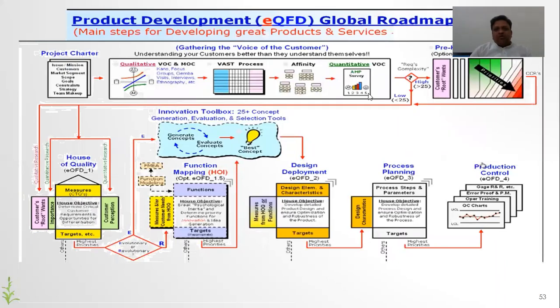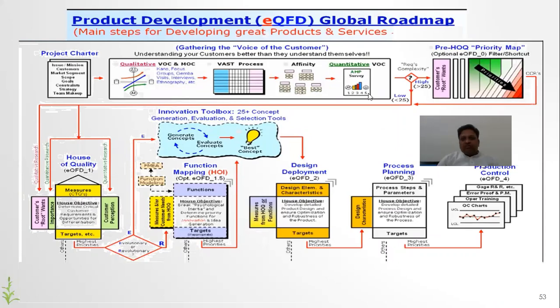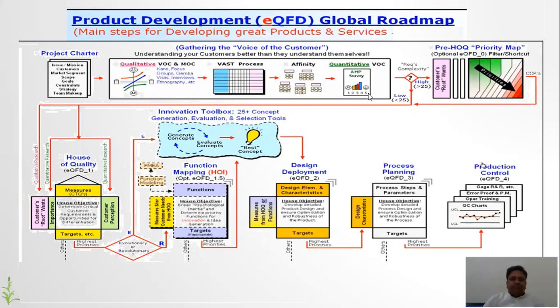Here, product development, the EQFD global map, the roadmap, I will put here. The project charter started here. It consists of gathering the voice of customer, which is an activity: qualitative VOC, affinity, quantitative VOC.